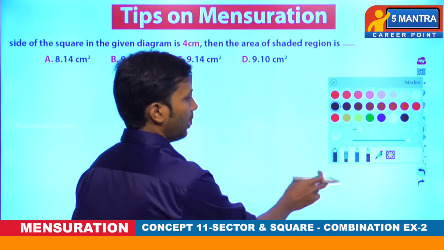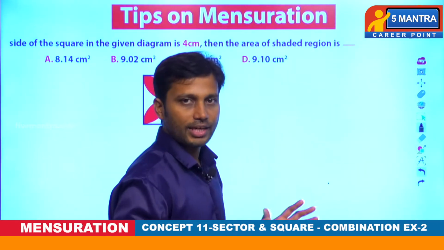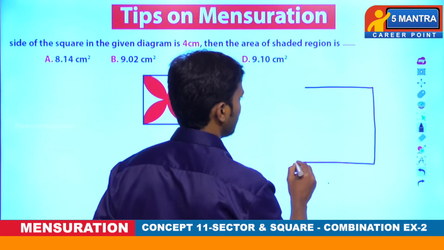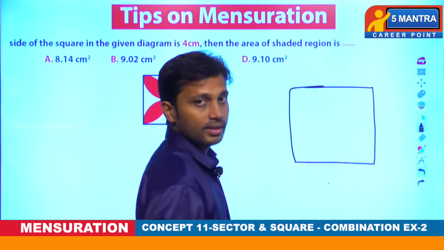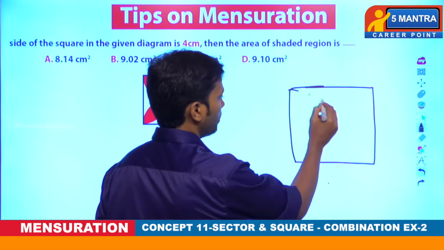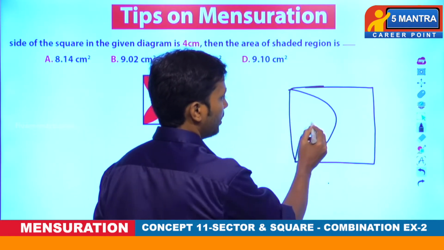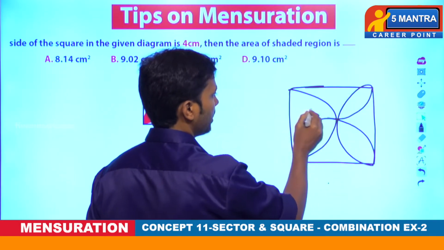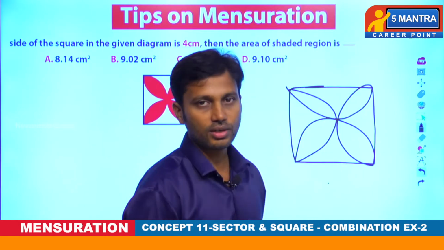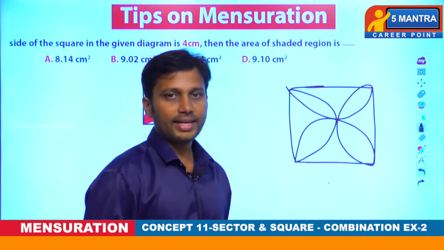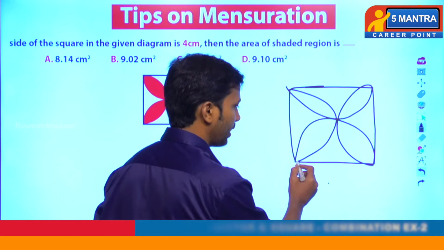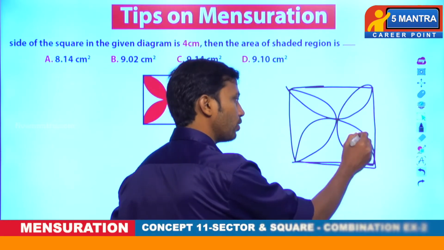Now, what I explained in that video was, see, it's a square. Now, it's one semicircle, another semicircle, another semicircle, and another semicircle. Four semicircles are drawn within a square with their diameters equal to the side. It's a diameter and a side also.